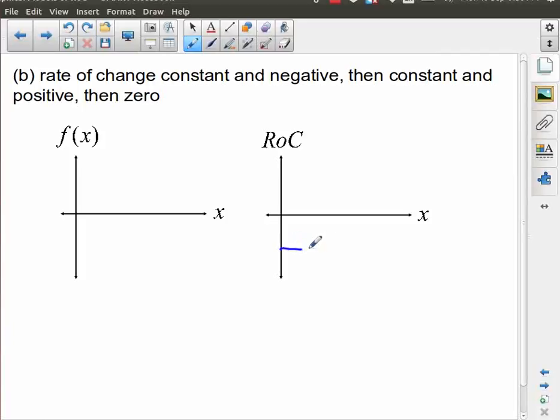So it is constant and negative. So it's a horizontal line. That's a negative value. Then it is constant and positive. So that means it's now up here somewhere. And it's a horizontal line that's positive. And then it is 0. So that would bring it here.